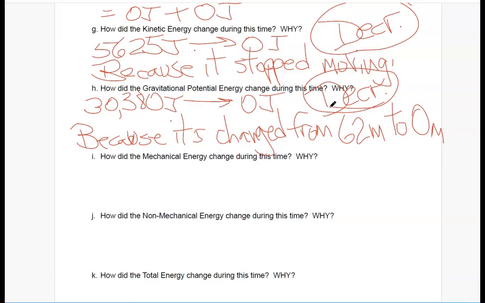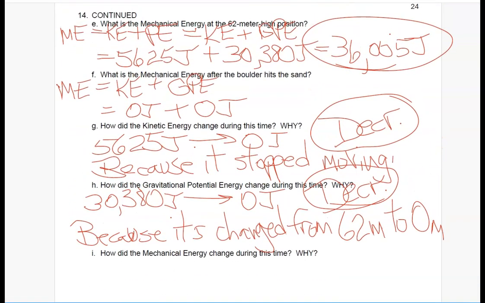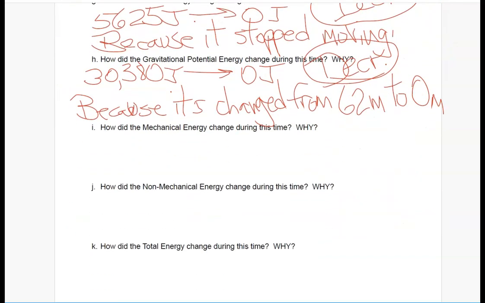How did the mechanical energy change? Well, scrolling back, we calculated mechanical energy when it was still up in the air, 36,005 joules. So that's what it was while it was up in the air. And then when it landed, it lost its kinetic energy because it stopped. It lost its gravitational potential energy because in this case, it had hit the very bottom. So the total of those is 0 joules as well.